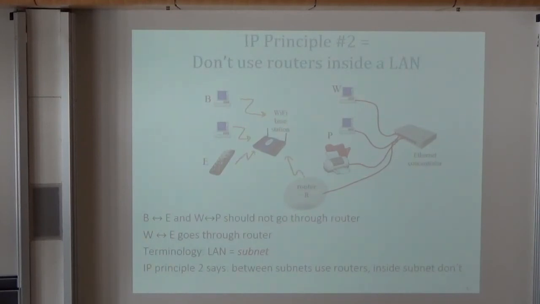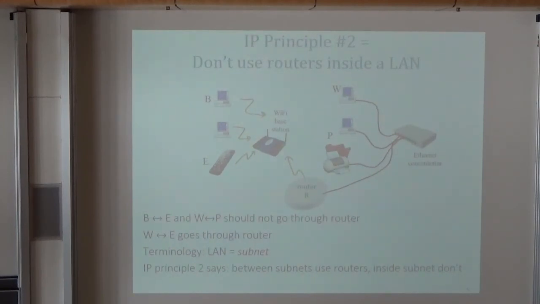The second principle is don't use routers inside a LAN. So if B and E communicate with each other, so if you have a peer-to-peer application that goes from a mobile to a desktop, for example, that may be Dropbox if you have enabled local synchronization, then the principle says packets from B to E should not go through the router.